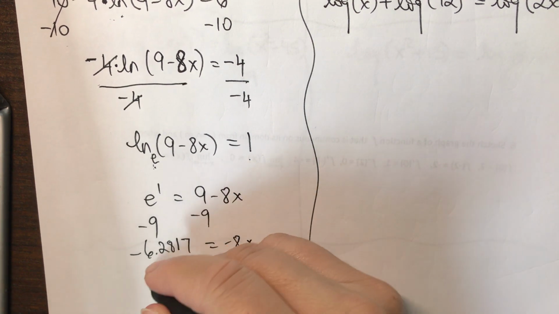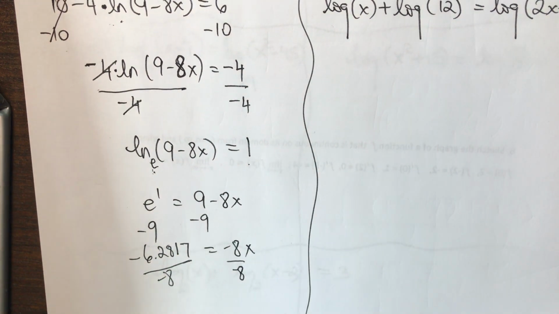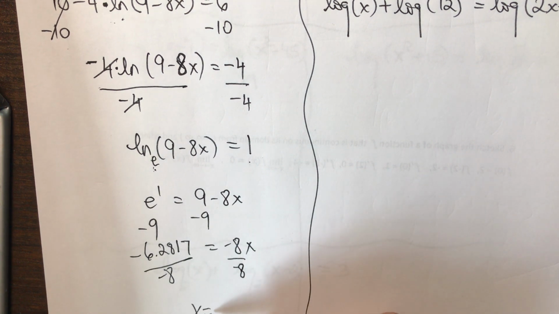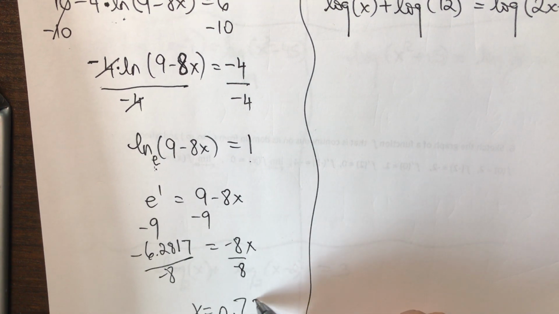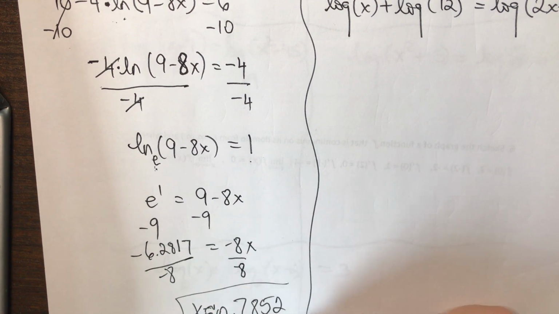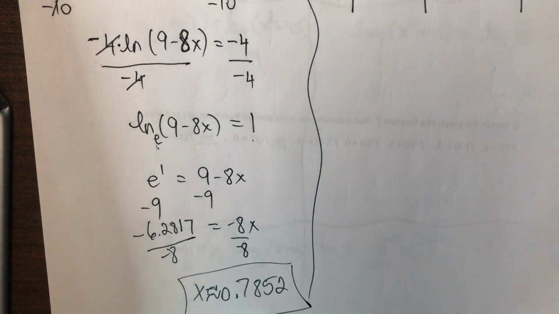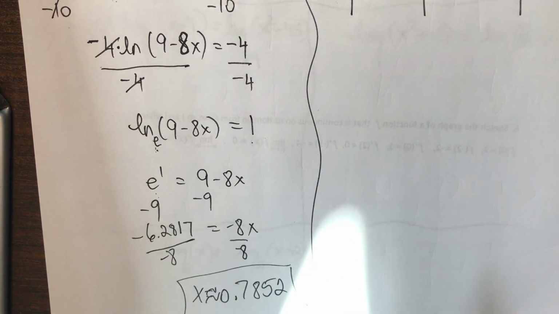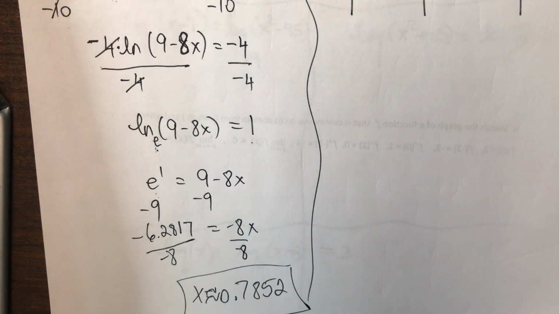So I'm going to take this and divide it by negative 8. And I'm going to get that x is 0.7852. Approximate answer, sure enough, because as soon as we turn that e into a decimal, it was an approximation.